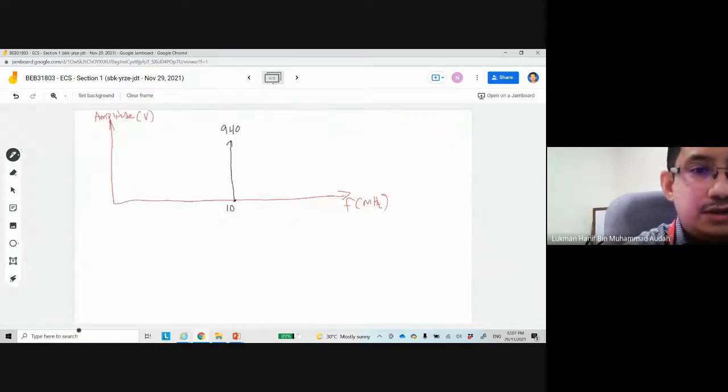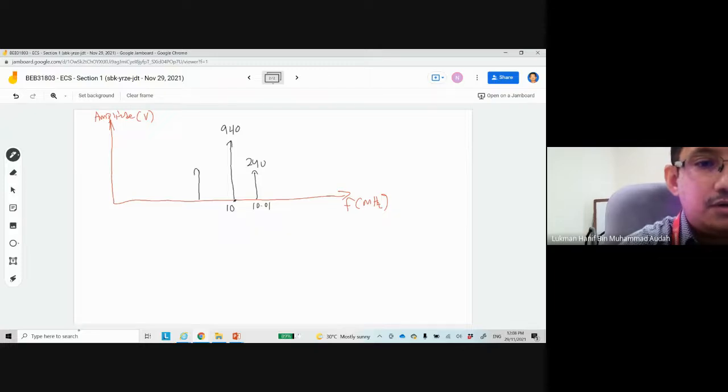So 240, that means apabila kita lukis, kita perlu melukis dia kecil lagi, smaller, agak-agak lah. So this is 240, located at 10.01. Okay, and then here we can go from here 240 volt. This is 9.99.